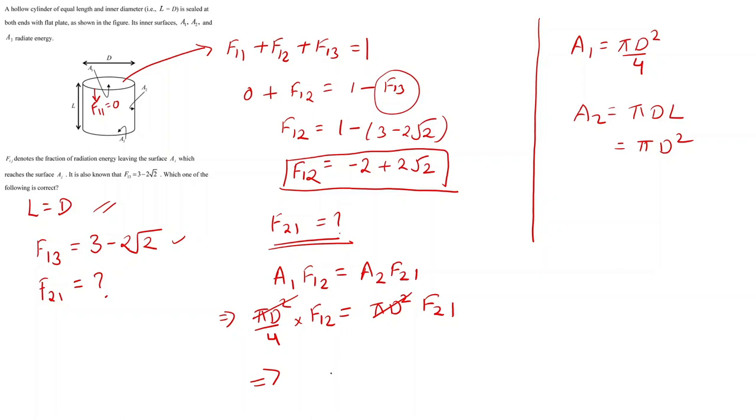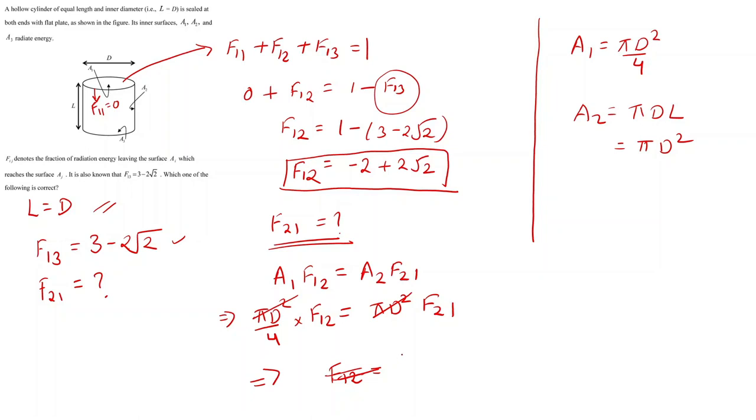So we will be having the value of F12 is equal to 4 times F21.